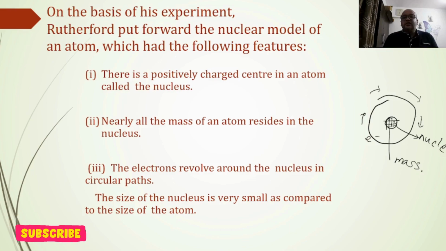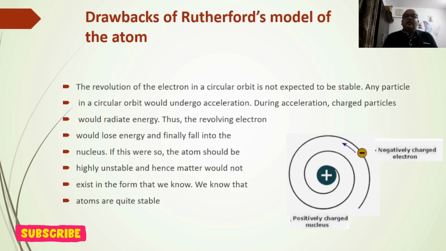The size of the nucleus is very small as compared to the size of the atom. Here you see the size of the nucleus is very, very small as compared to the atom. So this is my nucleus and this is my atom. See, the size is comparatively very small. Now let's see the drawbacks of the Rutherford model of the atom.